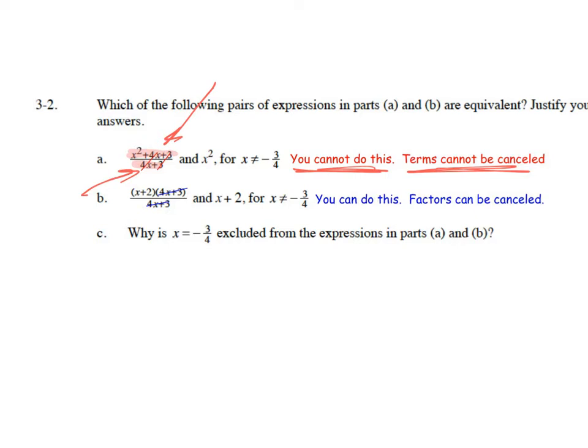What you can do is you can take that numerator and factor it so that you have x plus 2 times 4x plus 3 over 4x plus 3.